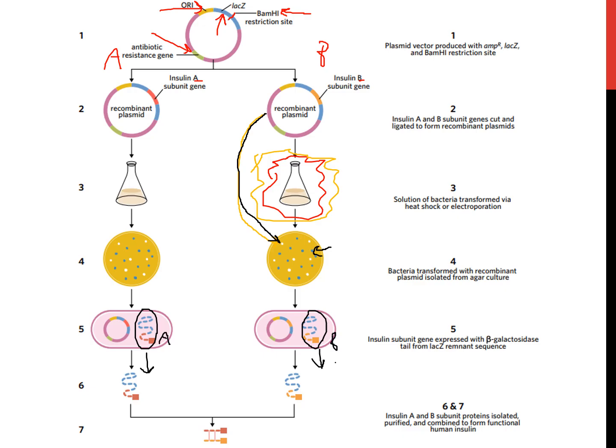All right, in this case it's subunit A and a beta-galactosidase tail. Once you've isolated them, we're on. Okay, we are absolutely on. Then we have our two proteins, which are then put together, subunit A and subunit B. All right, and we can mix them together and finally make our functional human insulin.